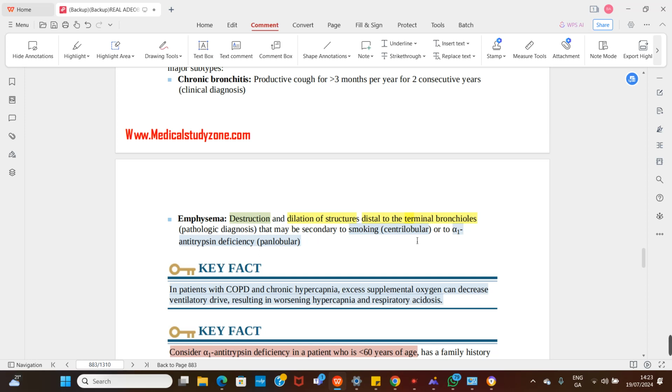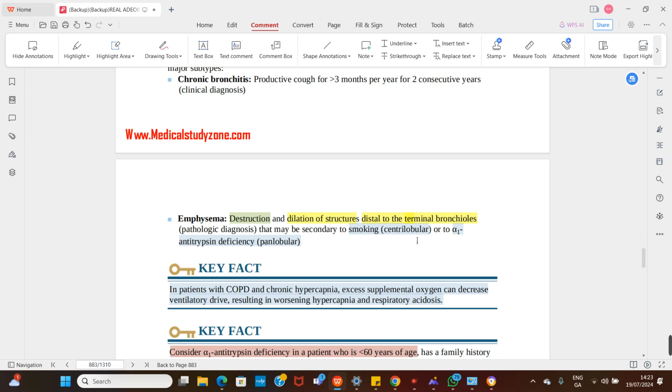And you also have to remind yourself of the pathophysiology of alpha 1 antitrypsin deficiency causing the emphysema. Alpha 1 antitrypsin helps to inhibit the neutrophilic protease enzyme, the neutrophil elastase, which has the ability to digest elastin fibers.